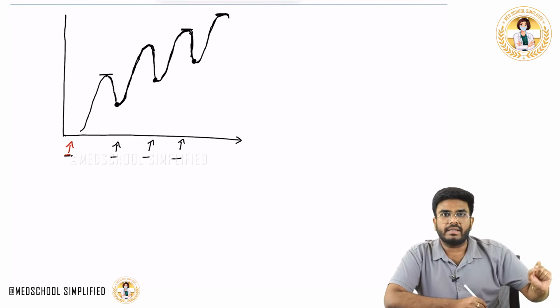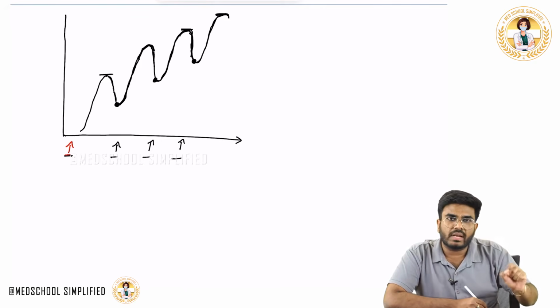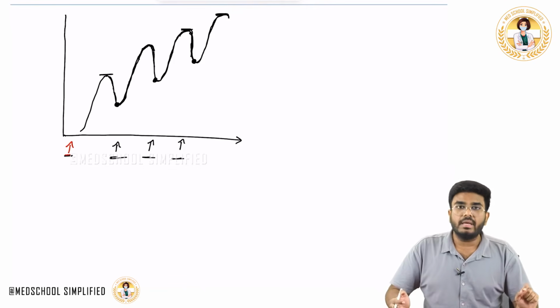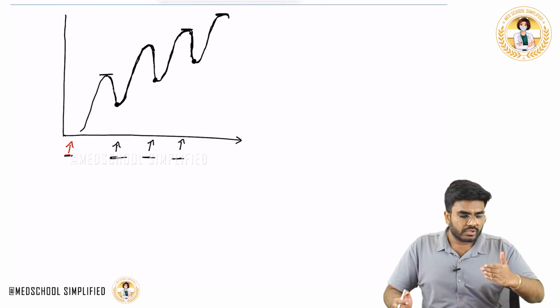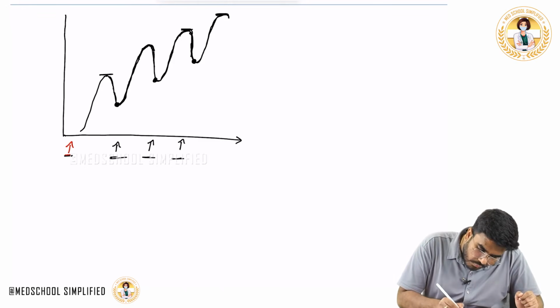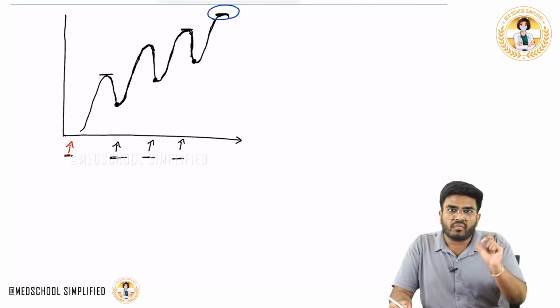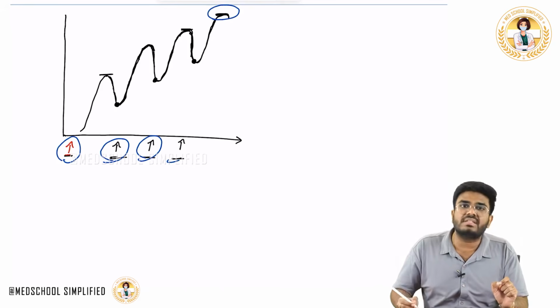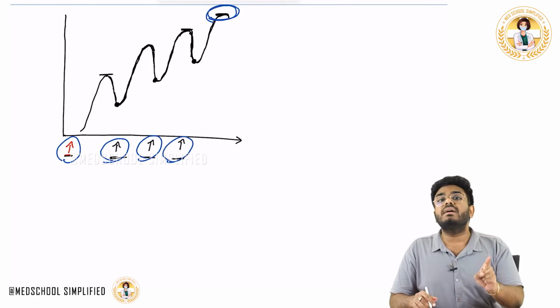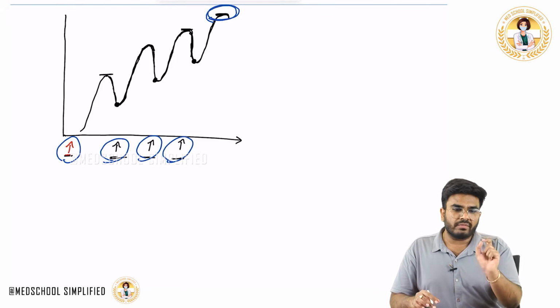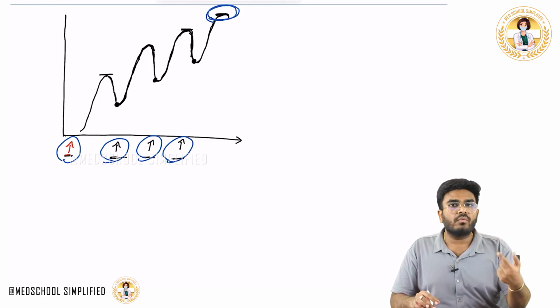The more times you stimulate, continuously, even before relaxation, again and again, something like this, what happened to the force generation? The more the frequency, the more will be the force generated. So the more the frequency of motor unit stimulation, the more force will be generated.